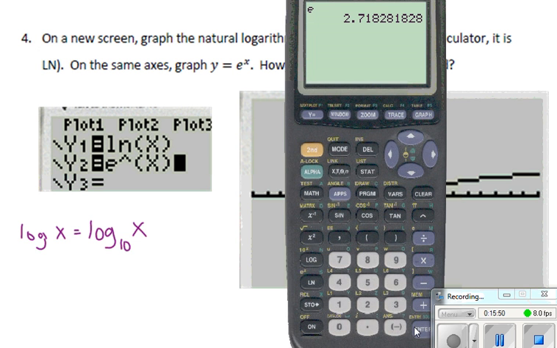Because you've never really needed it before until now. And so it's called a natural log. One of the reasons why it's such a special log is if you were to graph the equation of the slope, it would be the exact same line that it already is. So that's why it's so special.